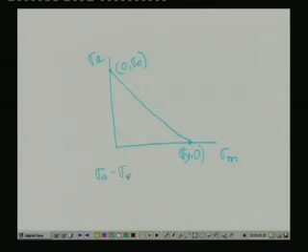Just an equation of a straight line: sigma A minus sigma E equals 0 minus sigma E over sigma yield point minus 0, times sigma mean minus 0. And this, if you simplify, comes out to be sigma A minus sigma E.